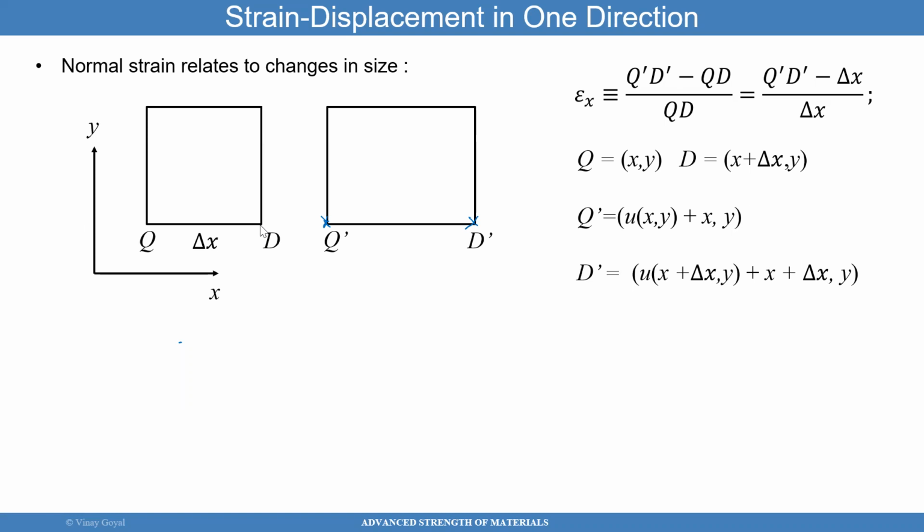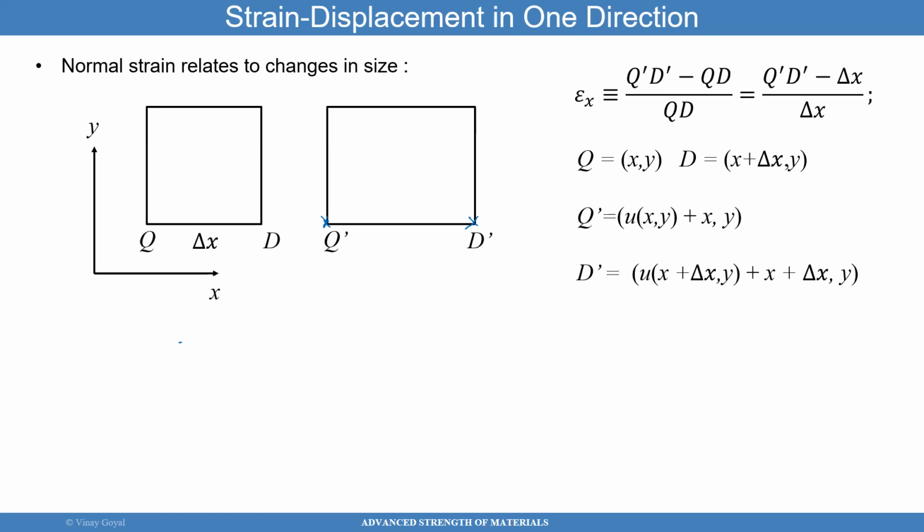And then that new coordinate has to be plus that deflection from this point all the way to this point. And that deflection is evaluated at this coordinate D because that's the location I'm evaluating that deflection. So X plus delta X, because that's the coordinate of that point, comma Y. So that's where we are right now.